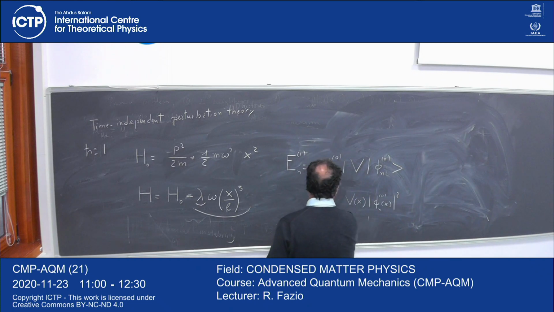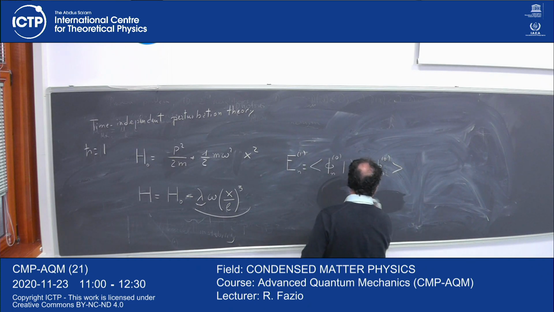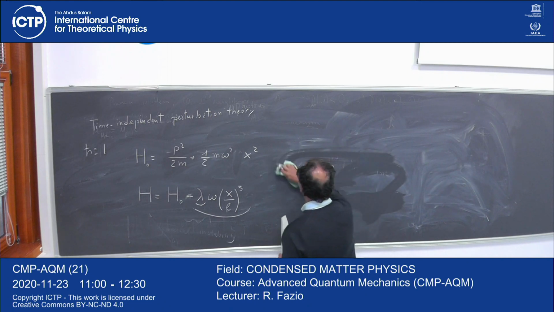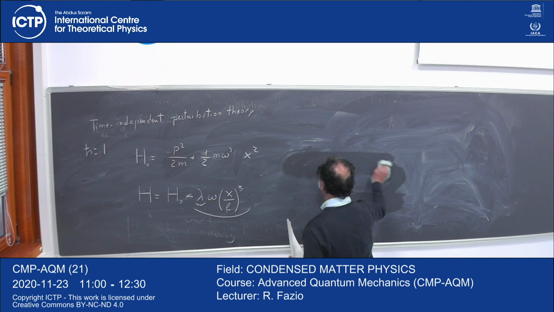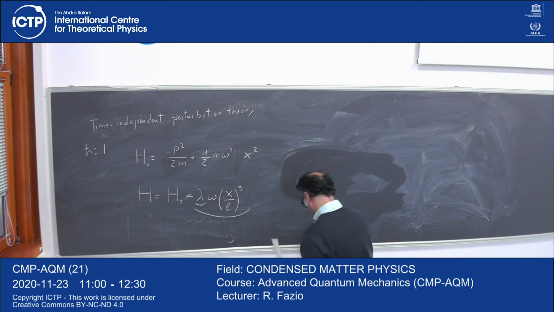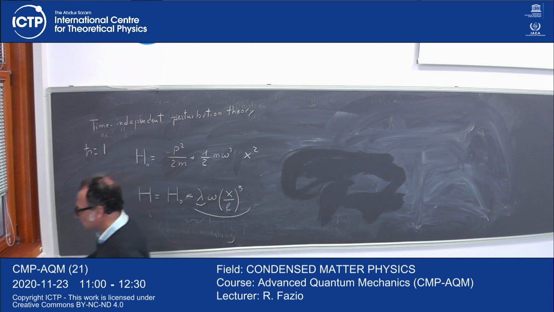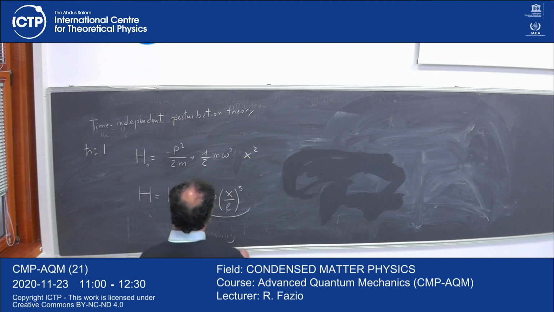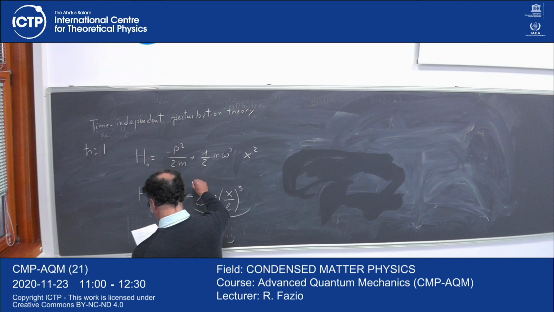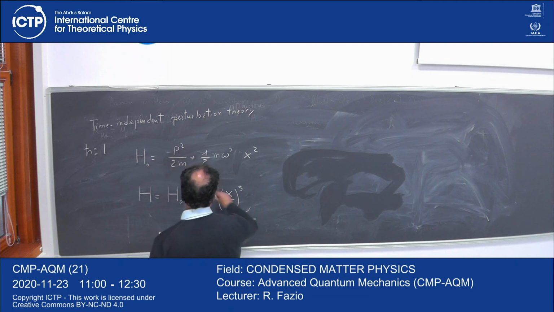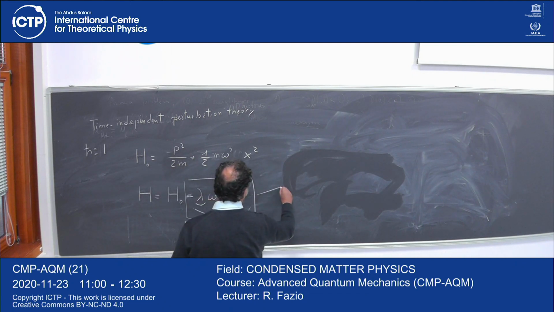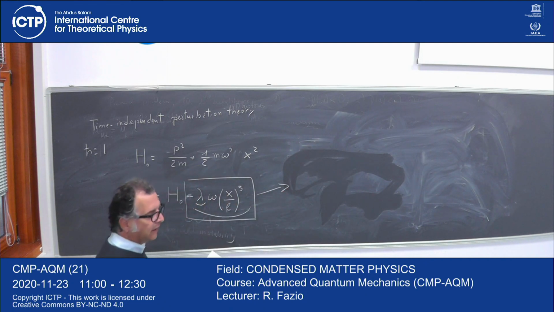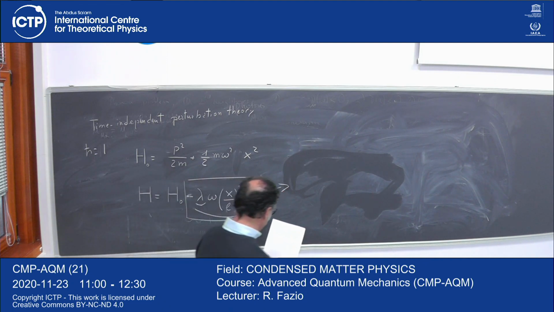So what we want to compute is the second order correction. And as you said, what is convenient to do is just write this term here using destruction and creation operators. Okay?